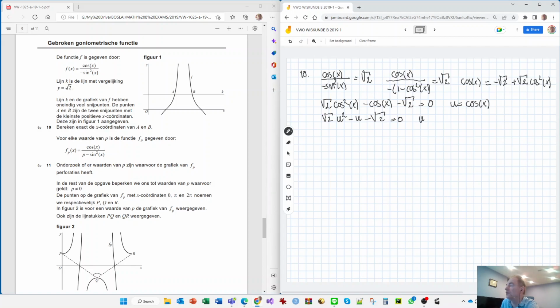I'll get u squared and 1 over the square root of 2 is 1/2 the square root of 2. You have to know how to get rid of square roots in the denominator just by multiplying both by the square root of 2. So you get minus 1/2 square root of 2 u, and minus 1 is 0.